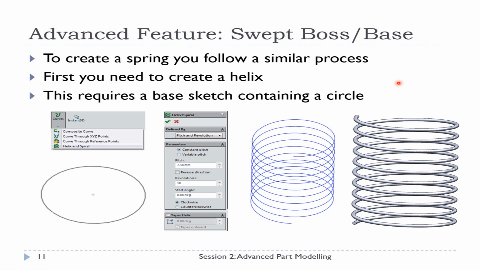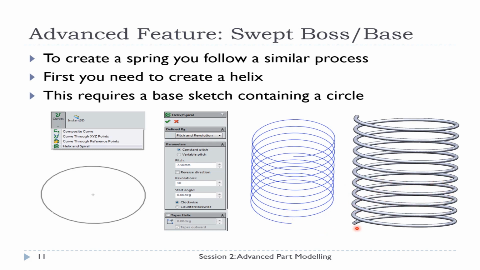So here is another example of how we can use the sweep feature. Typically a spring can be made using the sweep boss base feature. So let's investigate the geometry. What we see here is a circular or any other type of profile which is constant along a helix path.